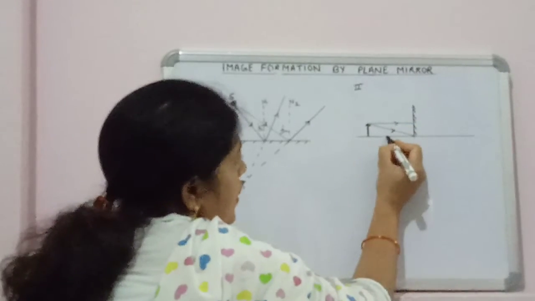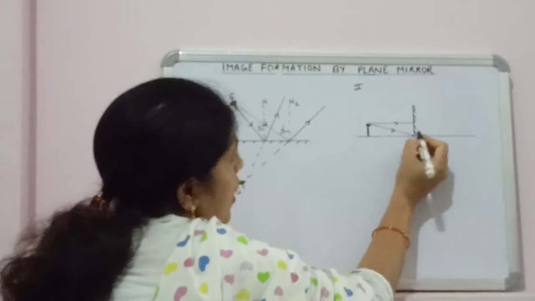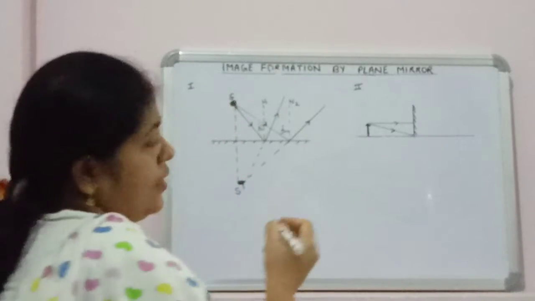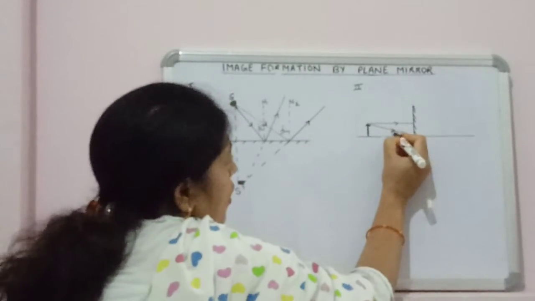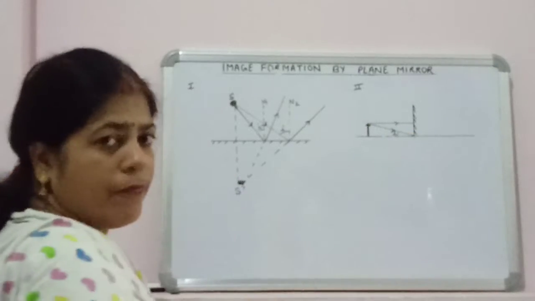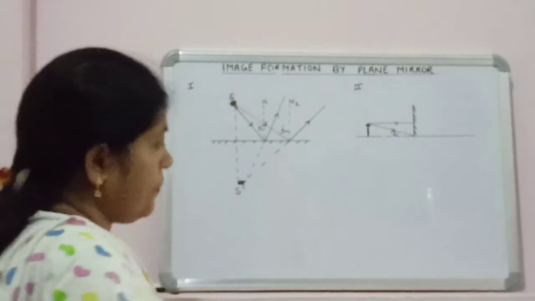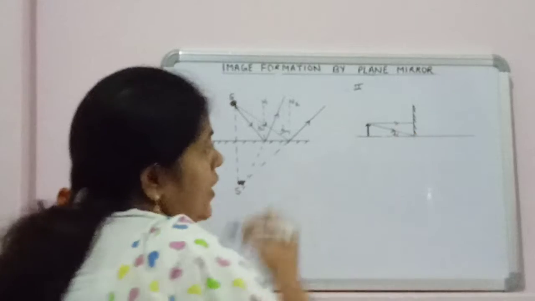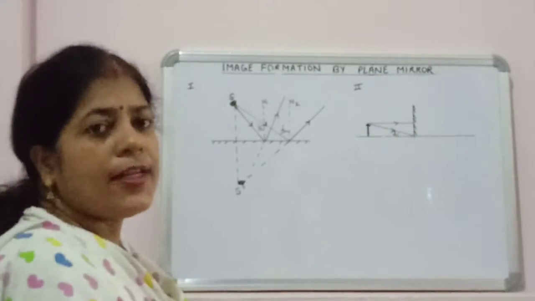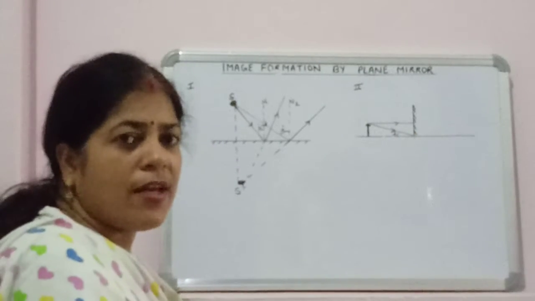So this is actually the normal at this point of incidence. This one is the angle of incidence i for the first incident ray. And for the second incident ray, you can see it is falling normally on the mirror surface.